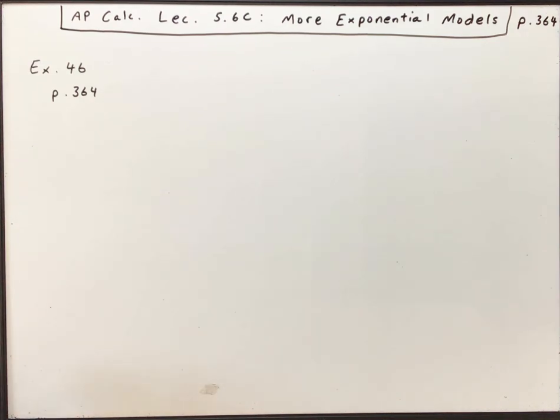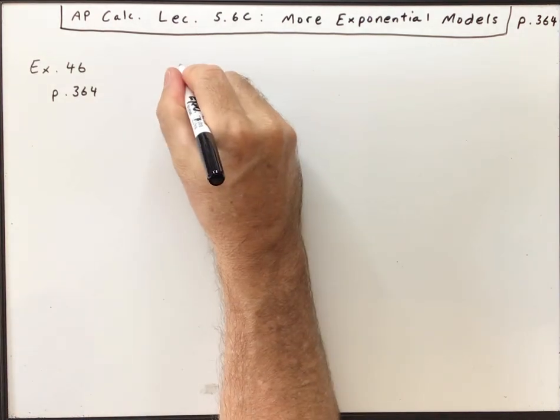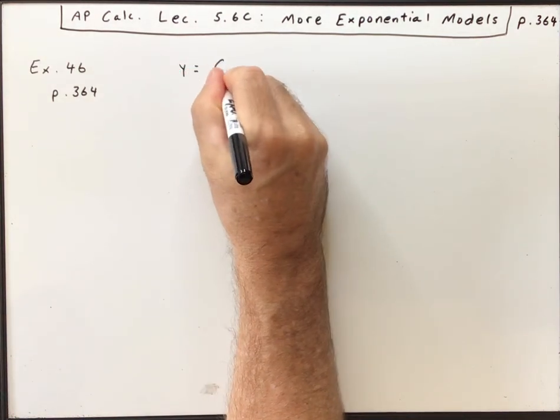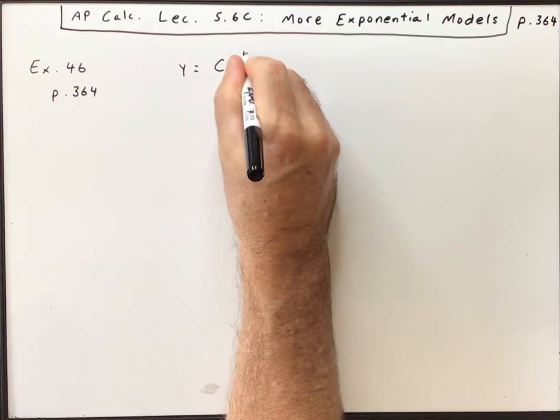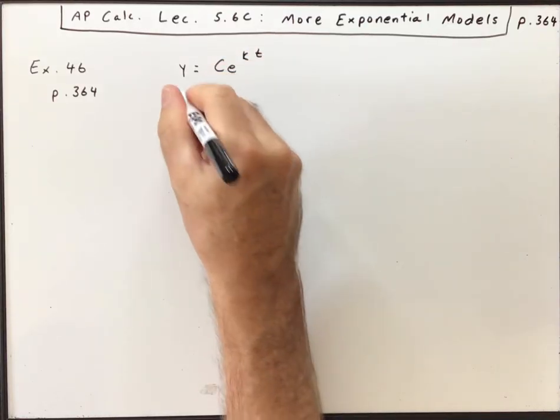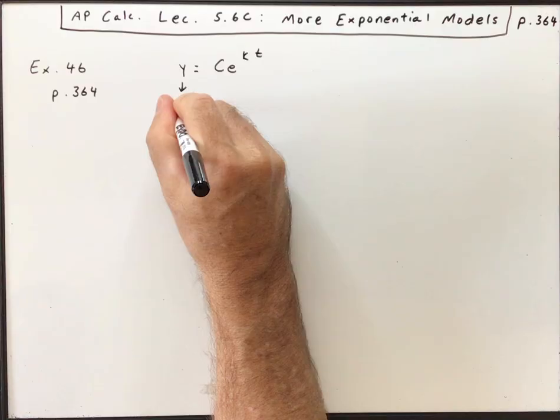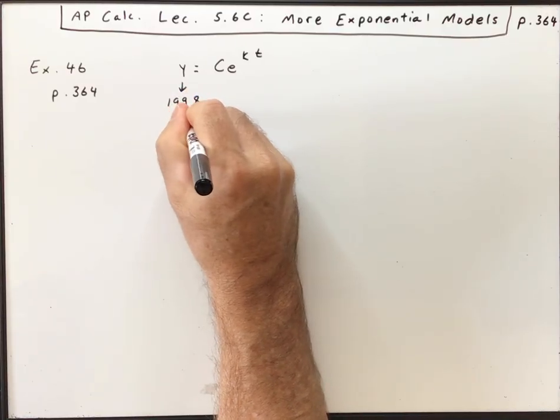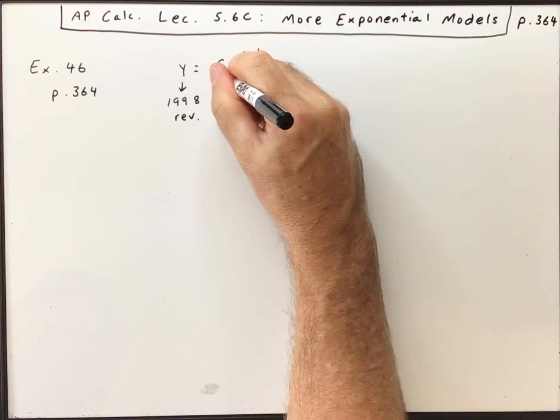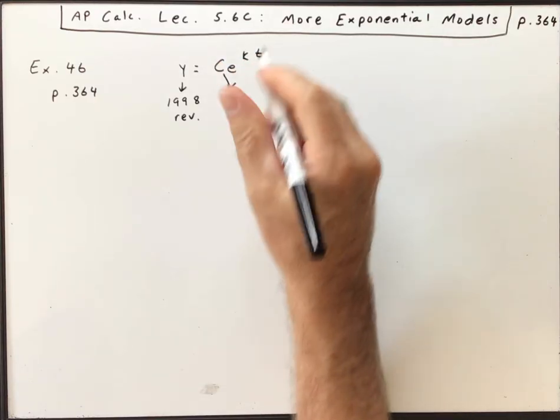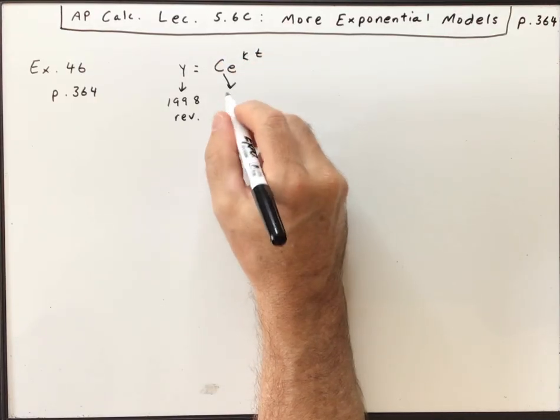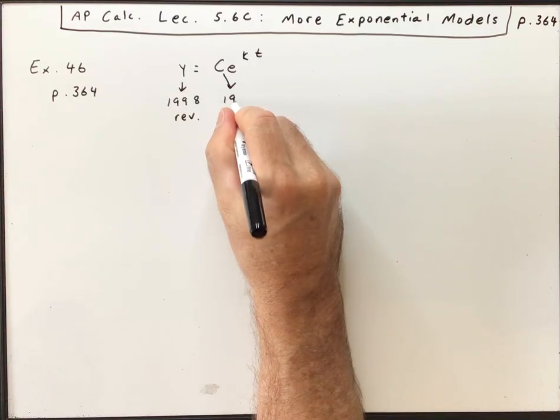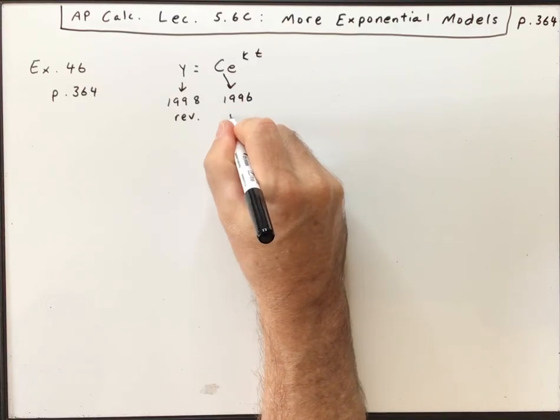We're going to continue to use this exponential model, y is equal to Ce^(kt). Y would be our 1998 revenue. As you can see, it's a pretty old book here. And then the initial revenue occurred in 1996.